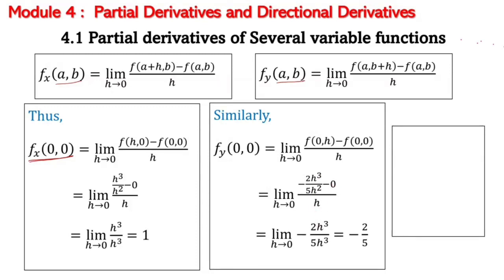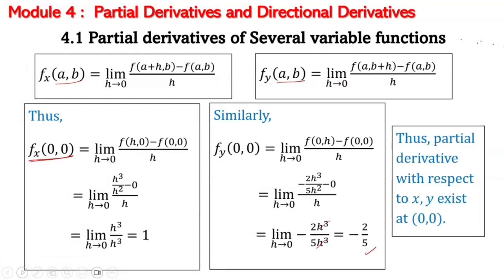So if you simplify it, you will get minus 2h^3 over 5h^3. So h^3 and h^3 will cancel out, so it will be minus 2 over 5. So finally we have the conclusion that the partial derivatives with respect to x and y exist at (0,0).